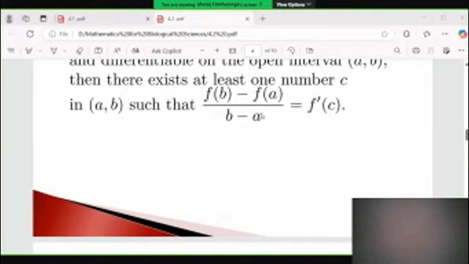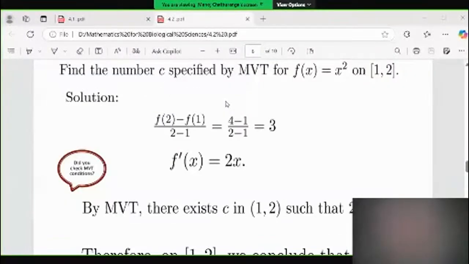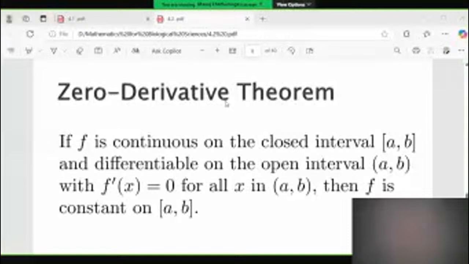Therefore, by choosing different values for a and b, you can come up with different lines, and all these lines are horizontal. The only thing that can happen is the function itself is horizontal. So the function is constant on the closed interval [a, b]. So we know the derivative of a constant function is zero.